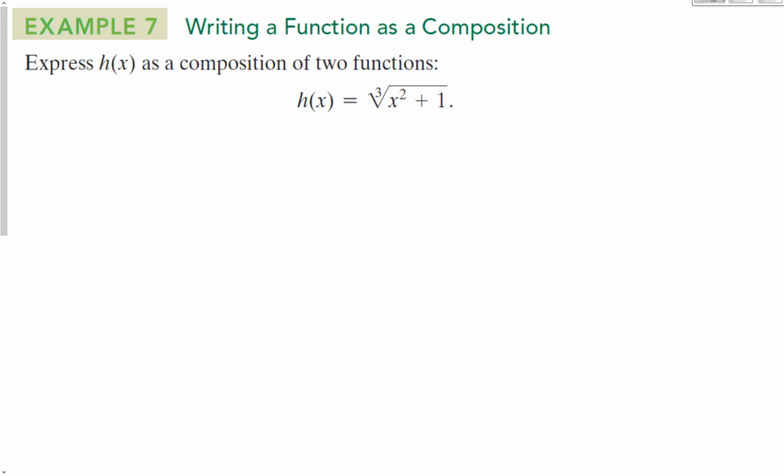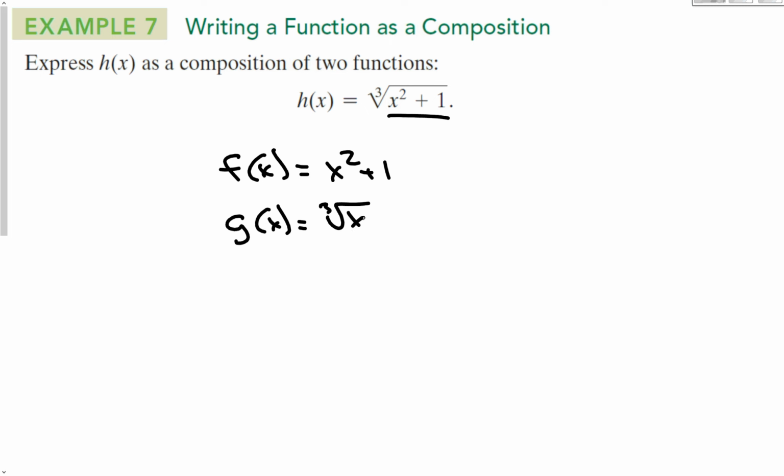Okay, so let's try it. So there's a natural way here, and that's to have x to some power and then have an algebraic expression inside something. So here's my algebraic expression. So f of x could equal x squared plus 1. G of x would be equal x to the 1/3 power, or, let's not get fancy, just cube root.